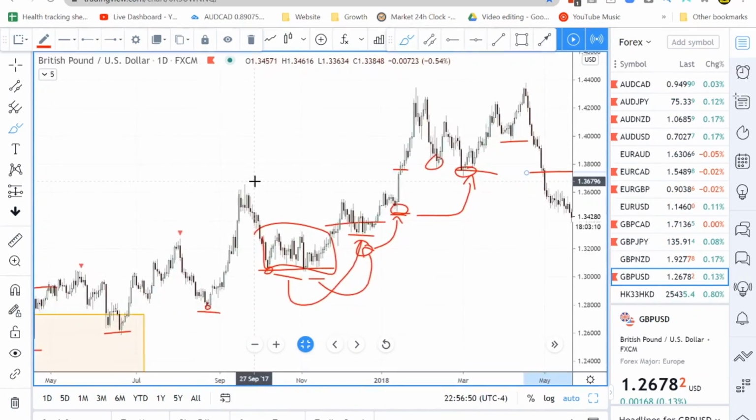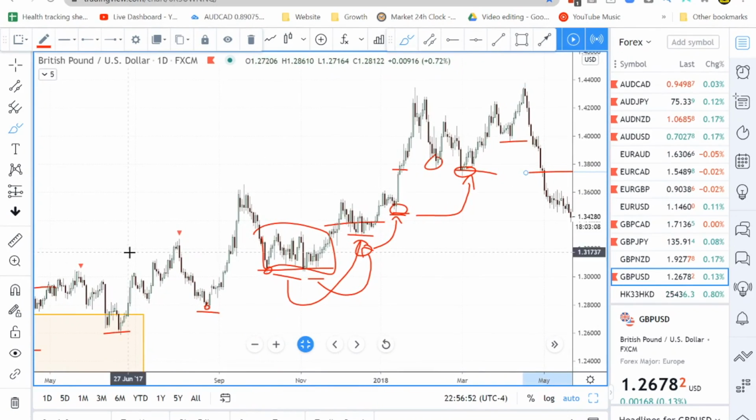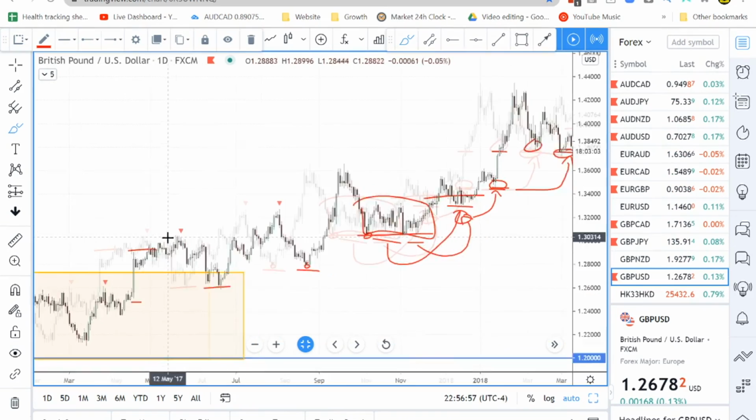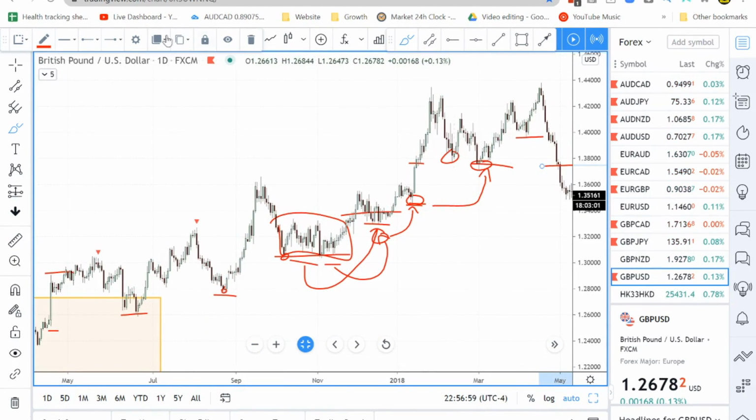You entered one on the breakout, this one right there. Let's calculate what that would give us.